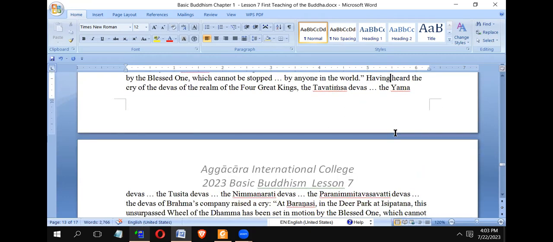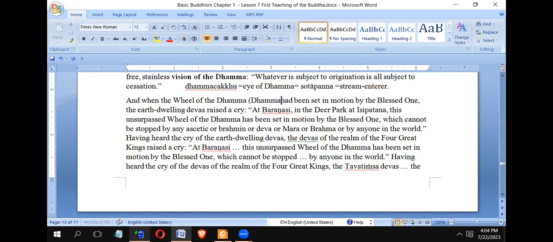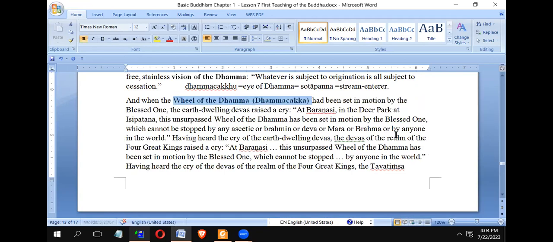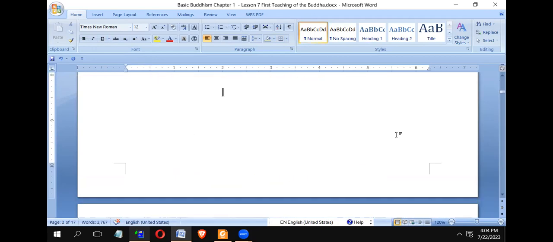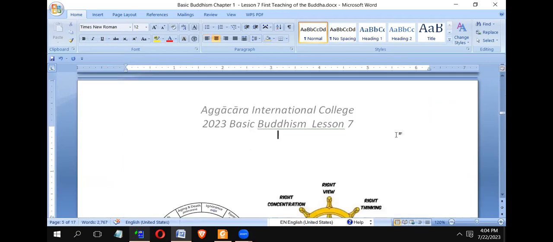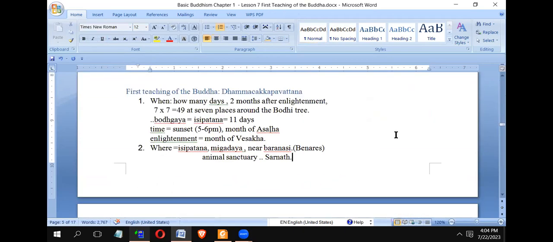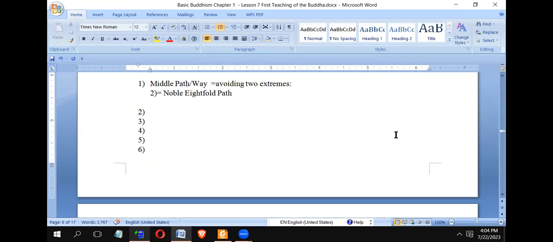After that, they have this very standard one, the Dhammacakka. Now you all know what the Dhammacakka is already. We already explained its meaning. There are two meanings of Dhammacakka. The first meaning is the exposition of the Four Noble Truths, and the second is the establishment of the Four Noble Truths.